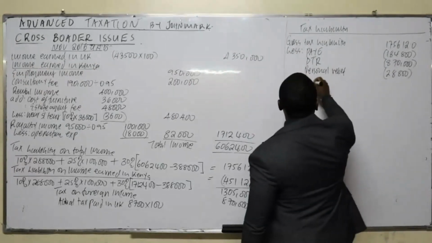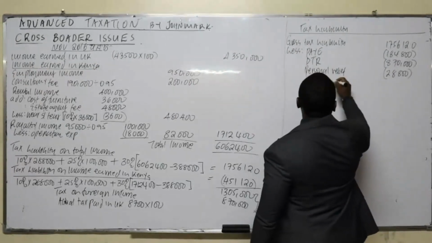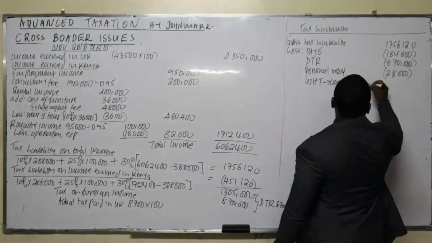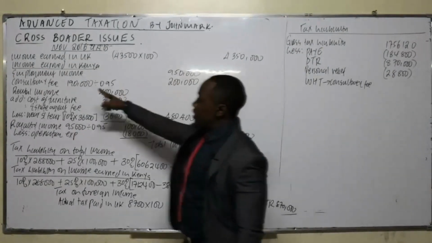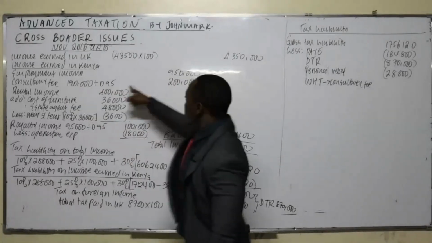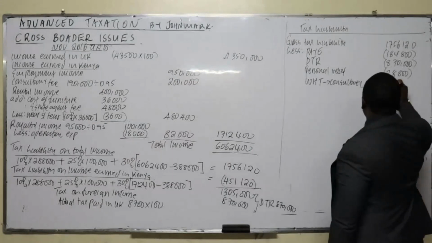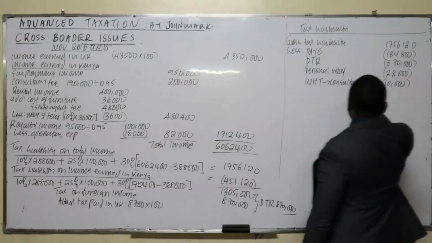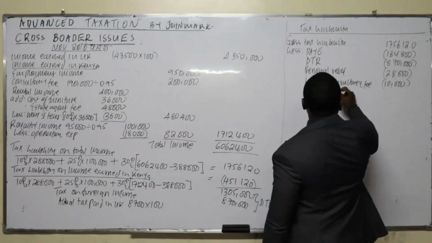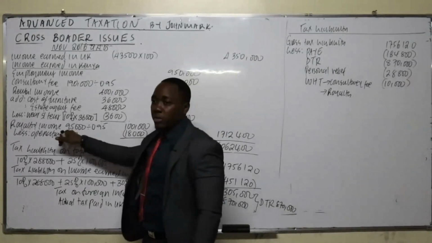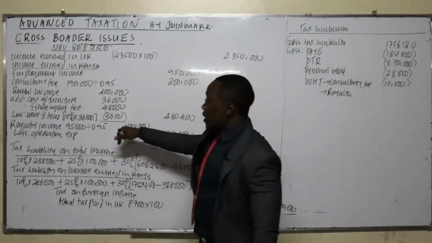So withholding tax, number one was on consultancy fee. You see, he received an amount of 190. How much was gross? So that means they had withheld how much? 10. Good. Also, there was royalty. Royalty, he received an amount of 95, which was net. But gross was how much?